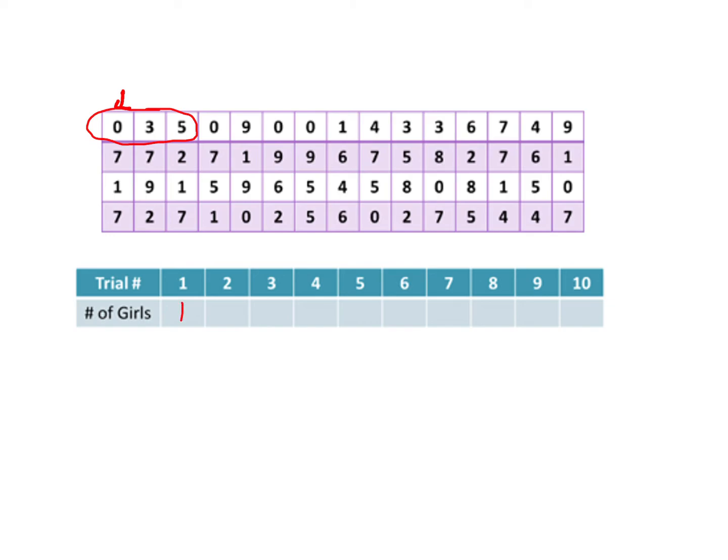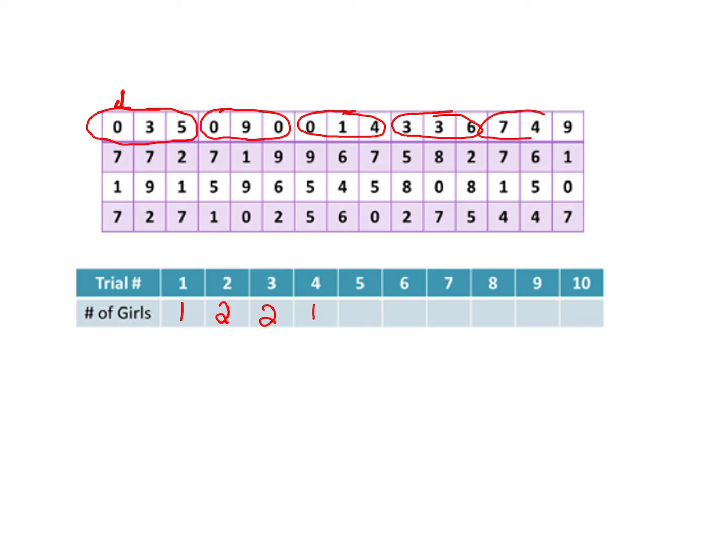So now my second trial is going to be my next 3 numbers, 0, 9, 0. So in that trial, number of girls was 2. Then in my third trial, 0, 1, and 4. So in this case, I have 2 girls again. My next trial is my group of 3, 3, 3, and 6, so 1.